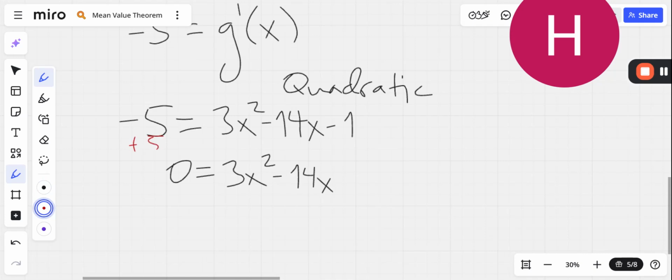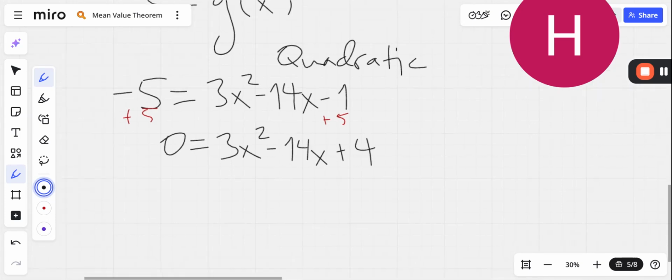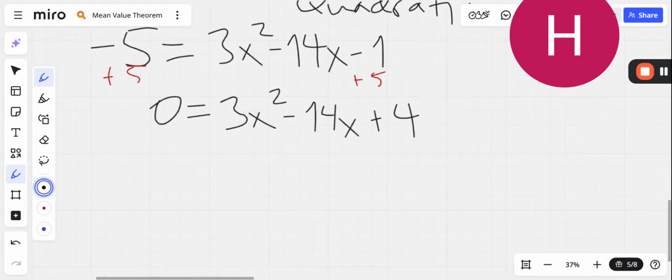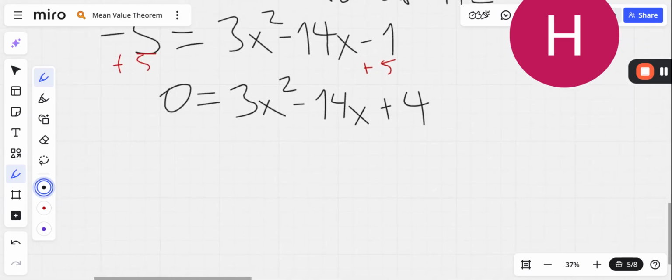Be very careful about that. So this is going to become plus 4. Okay. And we could try to factor this. It's possible that it factors, but really what I would rather do is simply use the quadratic equation.